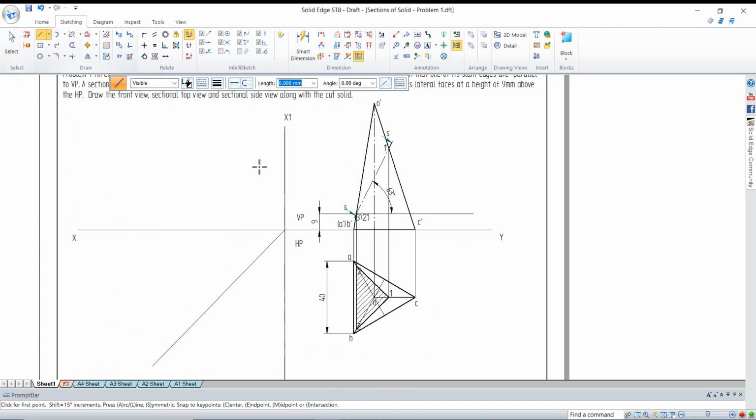Now go for a construction line 0.05 and join all the points. First we'll draw the triangle vertex, on the triangle vertex.